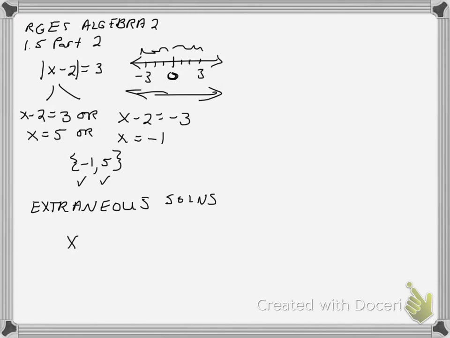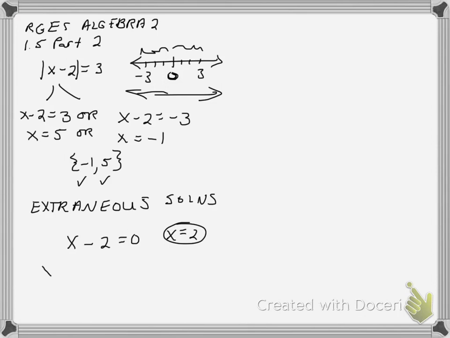Let's take something like x minus 2 equals 0. Normally I would just add 2 to both sides and say x equals 2. And that would be perfectly correct. But what if, for some reason, the equation is more complicated than this, and I'm not thinking quite clearly, and I decide the first thing I want to do is multiply both sides by x.